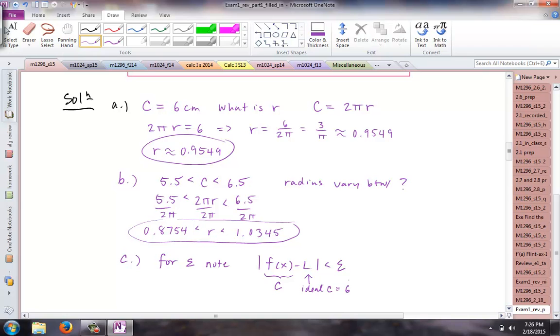We're supposed to have a circumference of 6. And we're told that the circumference can vary between 5.5 and 6.5. And that was from part B. So we just need to put some things together here to determine epsilon.